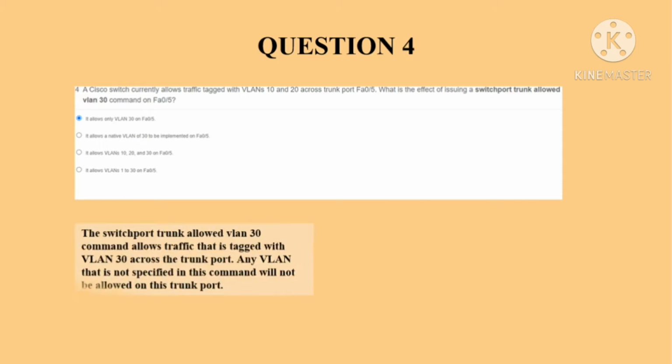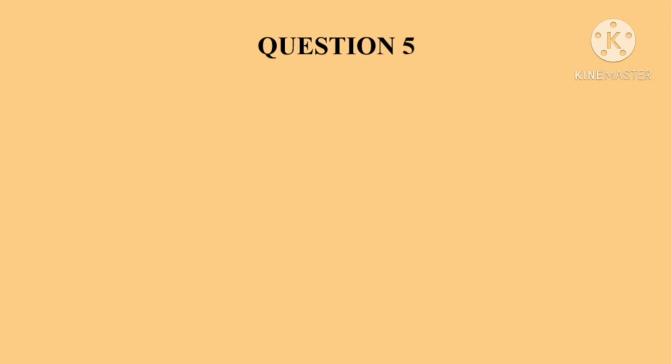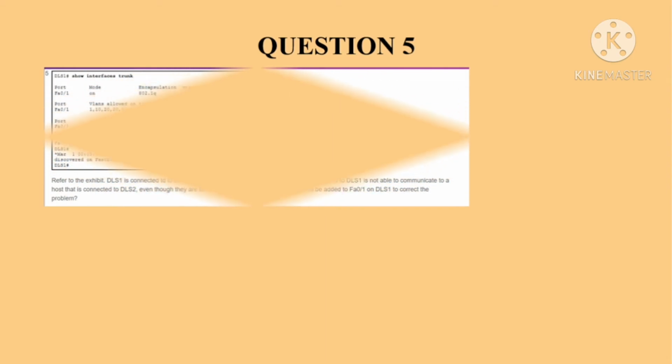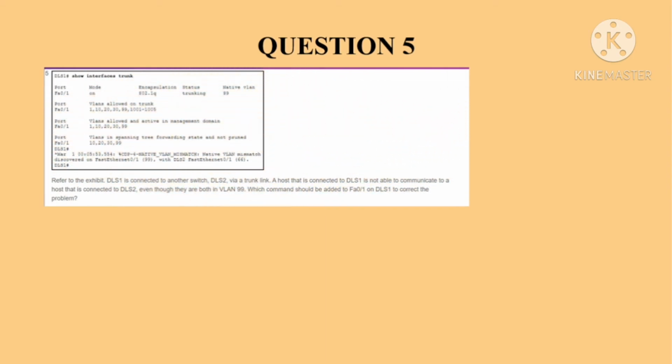Why does this happen? This is an explanation for the question 4. The switchport trunk allowed VLAN 30 command allows traffic that is tagged with VLAN 30 across the trunk port. Any VLAN that is not specified in this command will not be allowed on this trunk port. So question number 5. Refer to the exhibit.